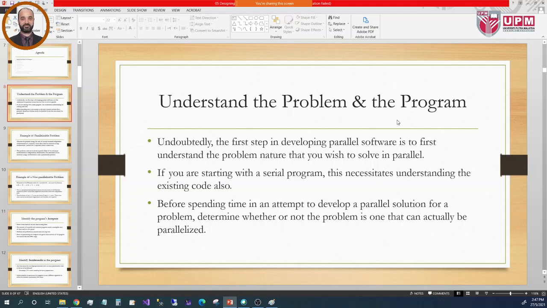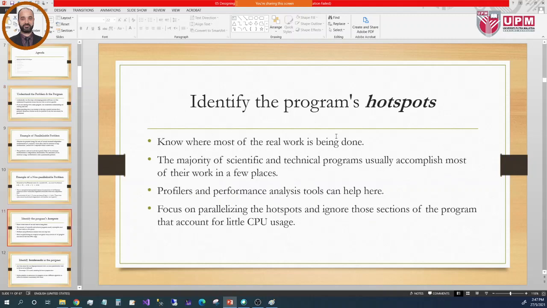So we try to understand if the problem is parallelizable or non-parallelizable. If the problem is non-parallelizable, then we stop thinking about how to make it parallel. If the problem is parallelizable, then the second step is to find where the hotspots of the program are.